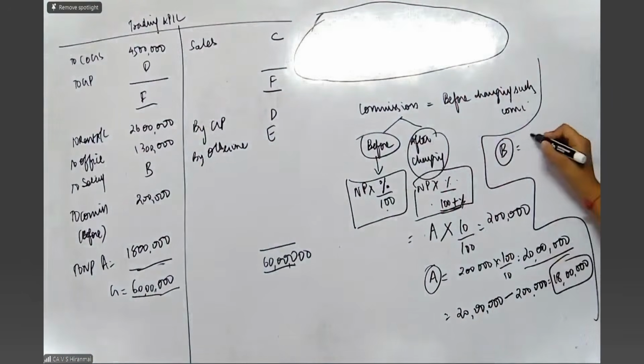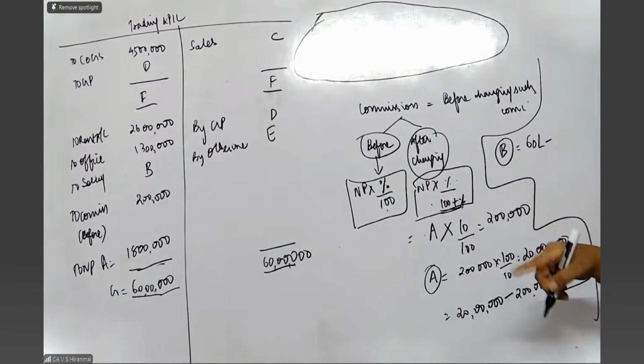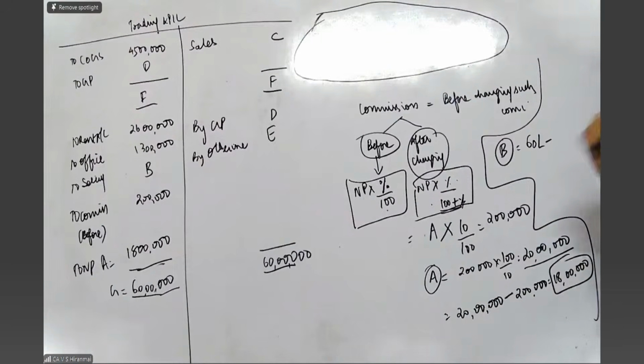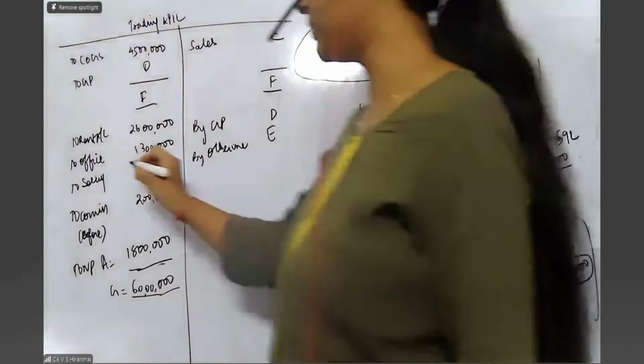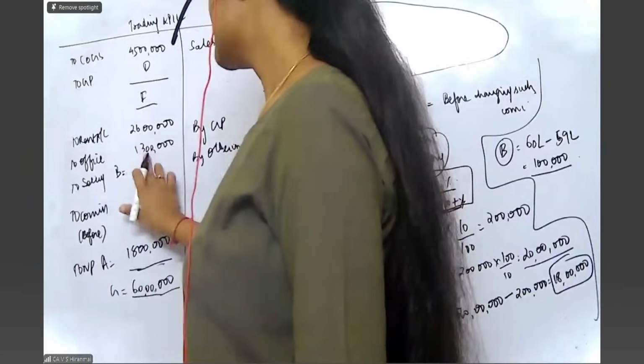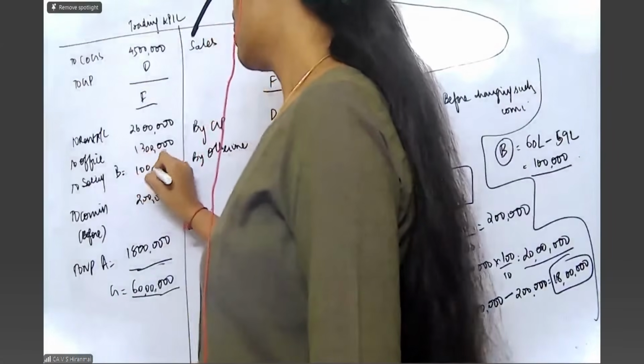So 60 lakh minus 18 plus 2 is 20, and this is 39, so it is 59 lakhs, correct? So my selling expenses are nothing but 1 lakh rupees. All of you please see, selling expenses are 1 lakh rupees.